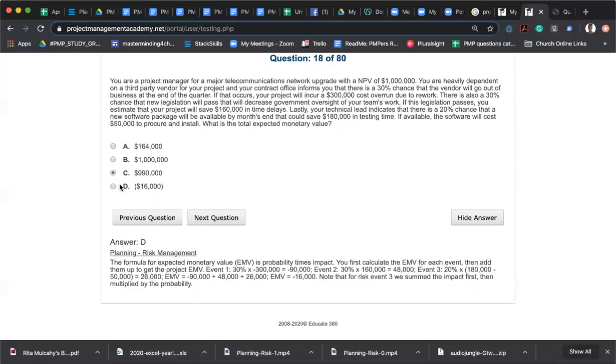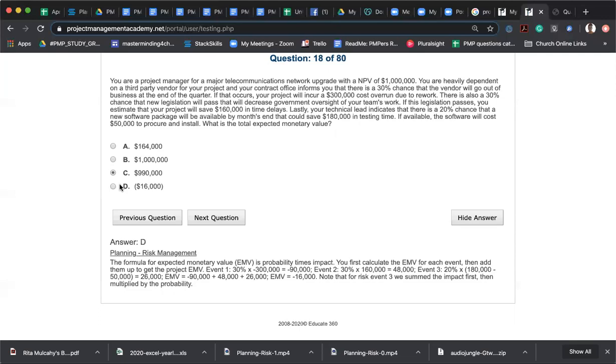At least we got the negative part right. What we did was, expected monetary value is basically not from, we don't have to include the NPV in that. That's what I did.